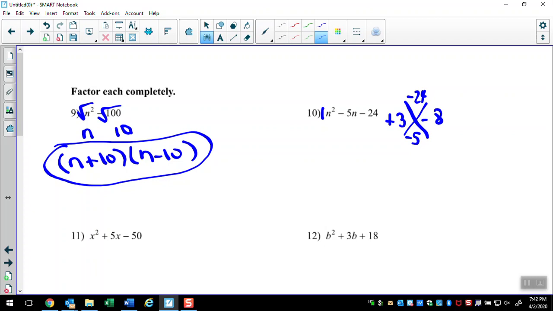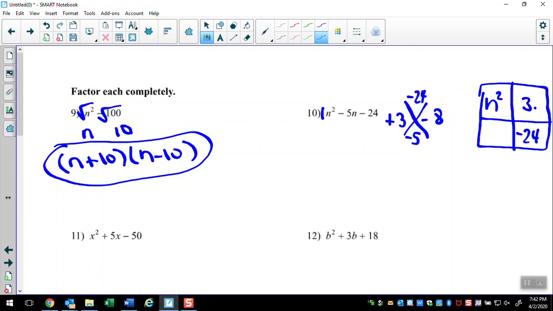Now I can go ahead and make my box. First term goes here, n squared. Last term goes here. And then my two terms, let's split the middle one, 3n and negative 8n.